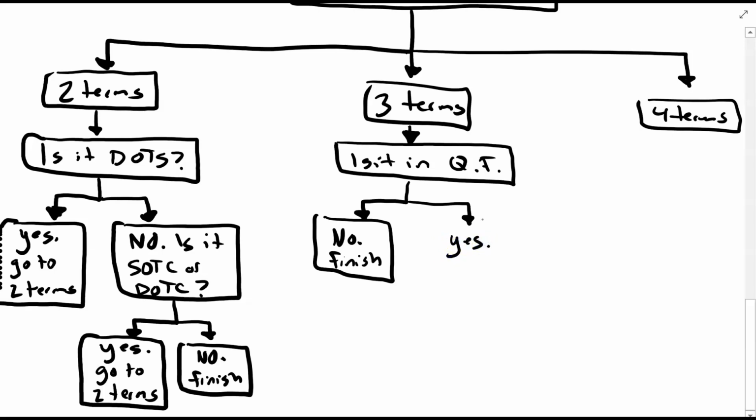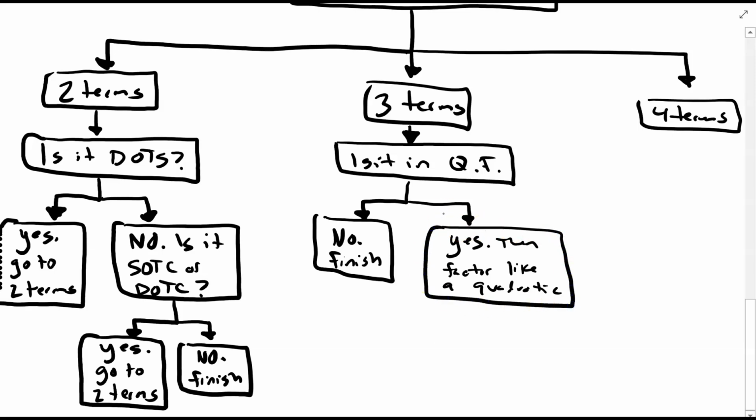If it was, then we're going to factor this thing like a quadratic. So there's two situations that we could deal with if it was quadratic. That's where the leading coefficient is 1, and where the leading coefficient wasn't 1.